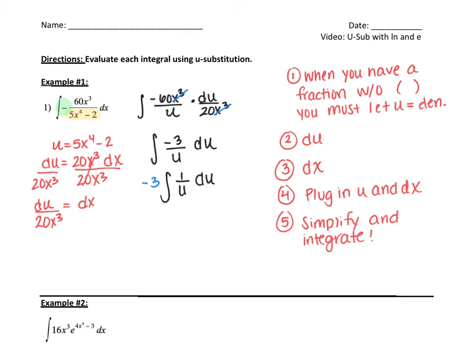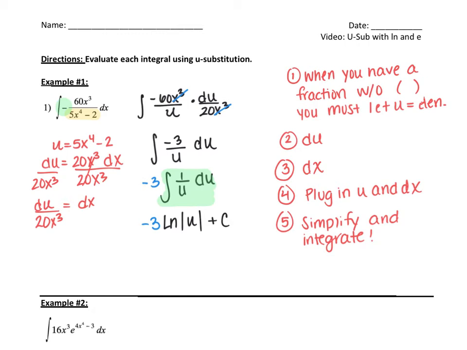And I know the integral of 1 over u du is ln of the absolute value of u in this case, and then plus c. And then don't forget to bring down the negative 3 in front. Technically, you're doing negative 3 times both of these things, but negative 3 times a constant is just going to be another constant, so we can just bring it to the first term, and that's fine.